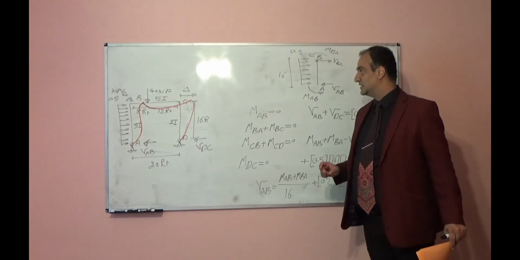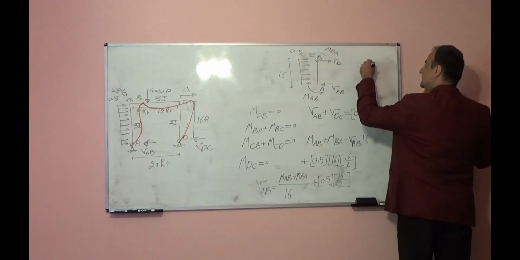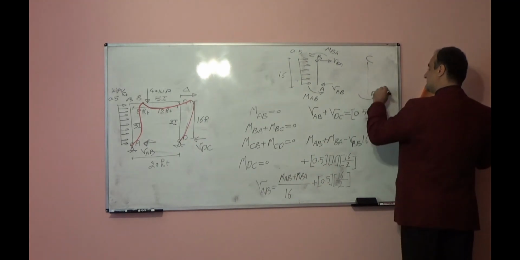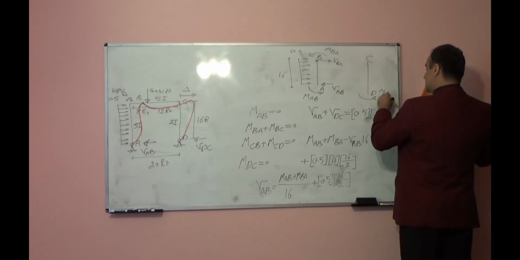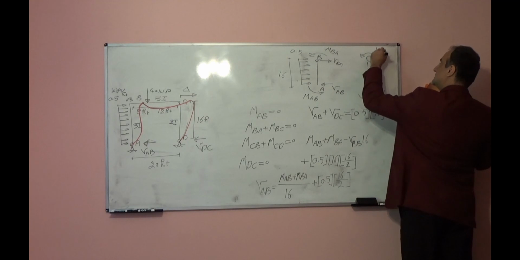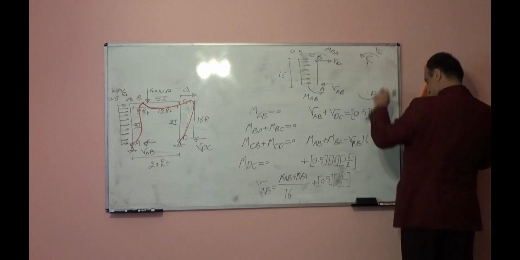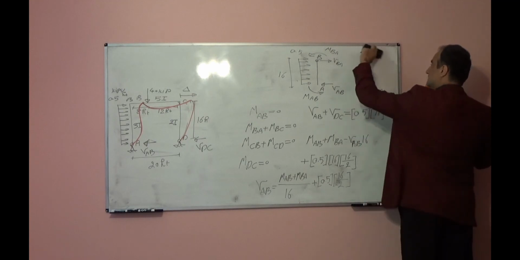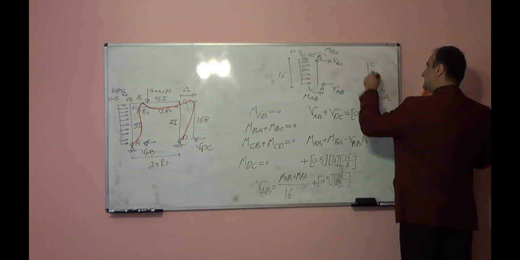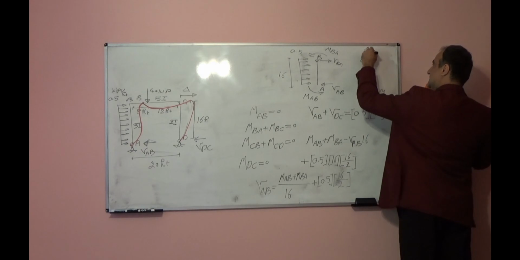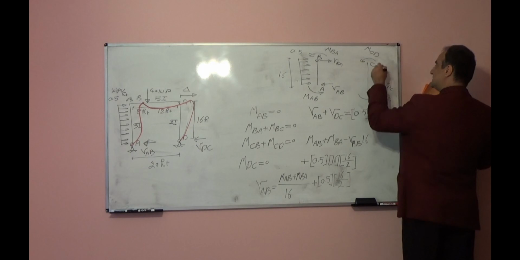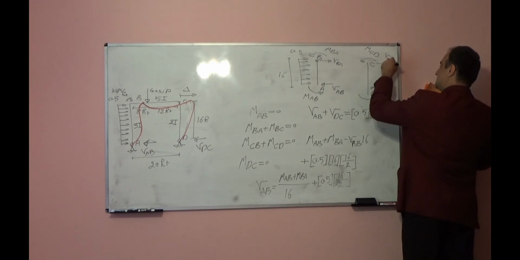For VDC, again, if I look at the free body diagram for column DC, this will be column DC, this will be MDC, this will be MCD, this will be shear VDC, this will be shear VCD.